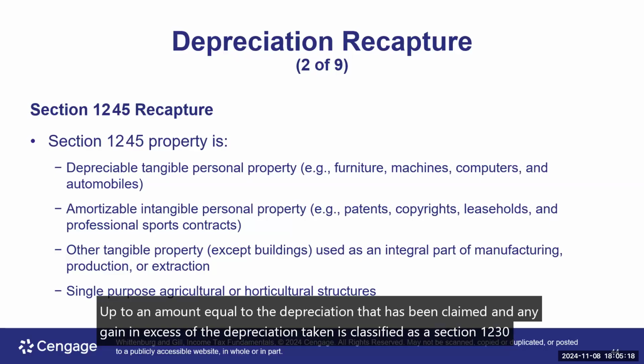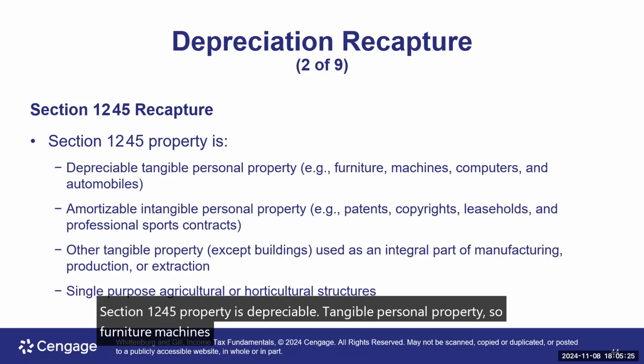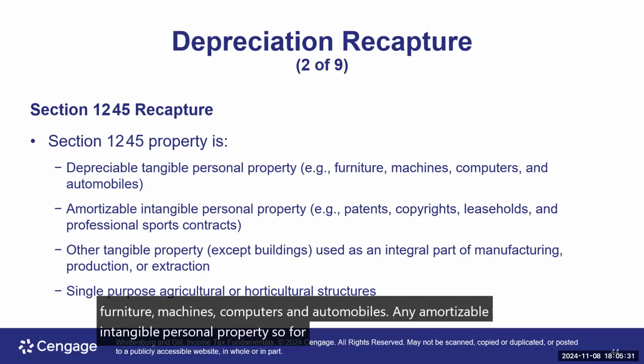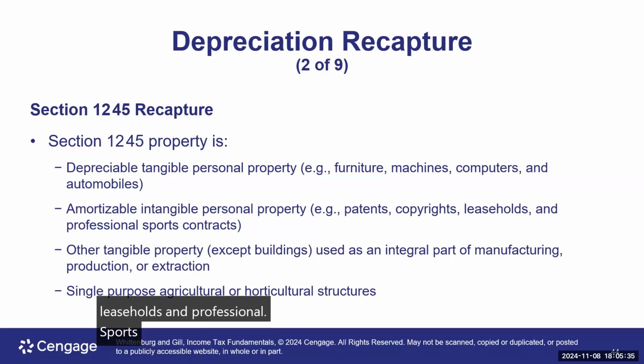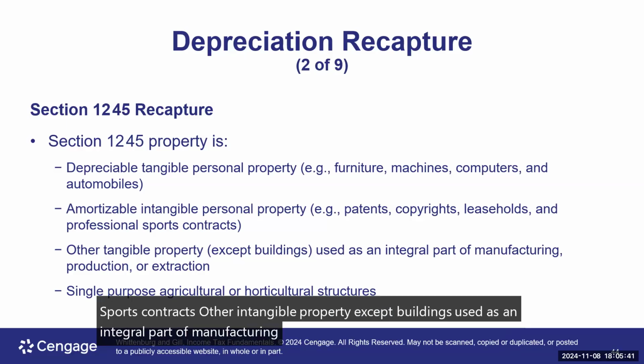Section 1245 property is depreciable, tangible personal property, so furniture, machines, computers, and automobiles. Any amortizable, intangible personal property, for example, patents, copyrights, leaseholds, and professional sports contracts. Other intangible property except buildings used as an integral part of manufacturing, production, or extraction.